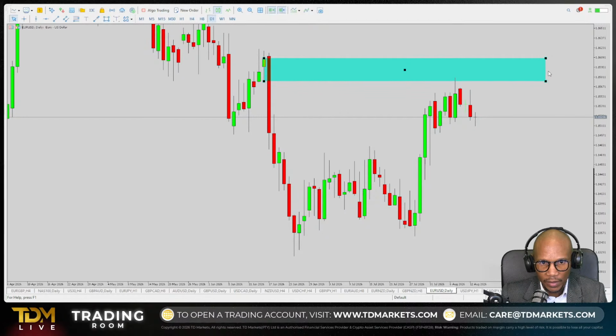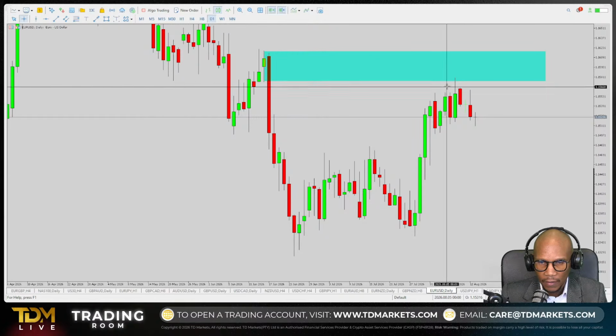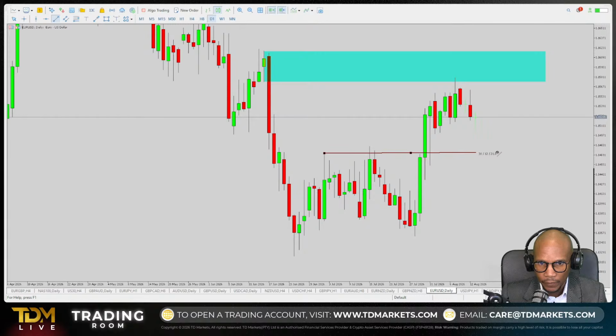We're getting a spike there. And we have this previous structure that formed here, which was a previous resistance, right? Looking at where price is coming from, it's coming from the support.